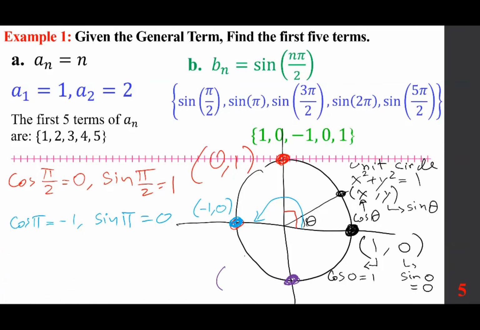This point has coordinates 0, negative 1. This is 270 degrees or 3 pi over 2. Cosine of 3 pi over 2 is 0.